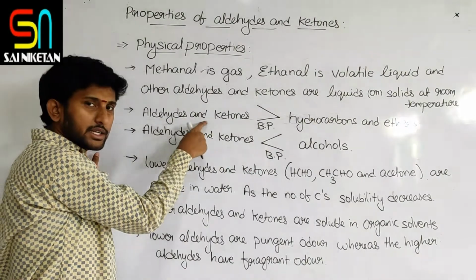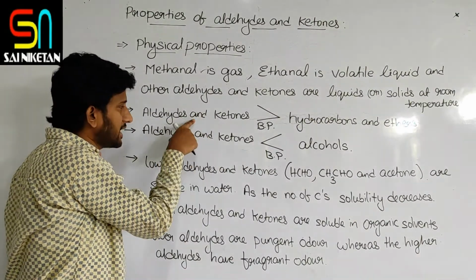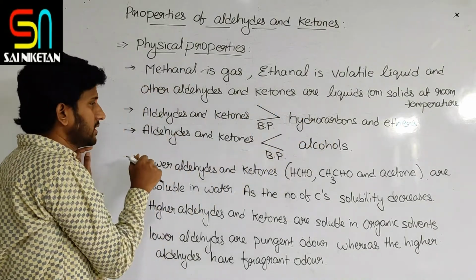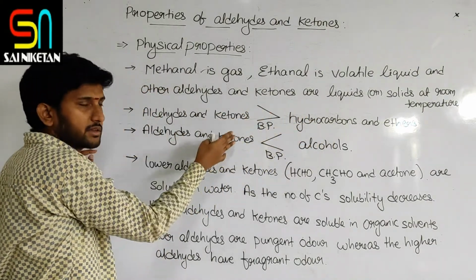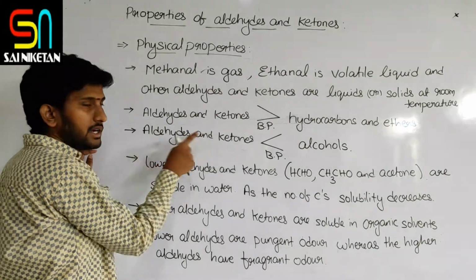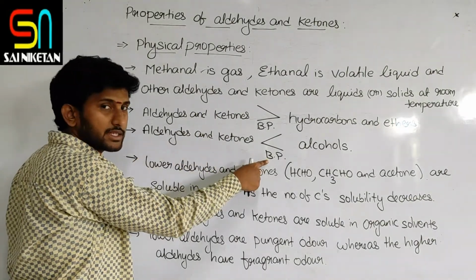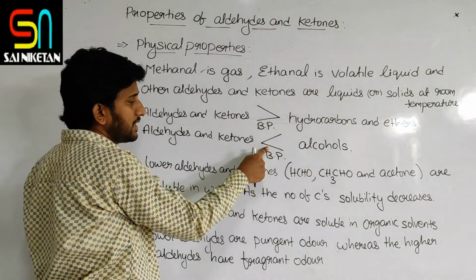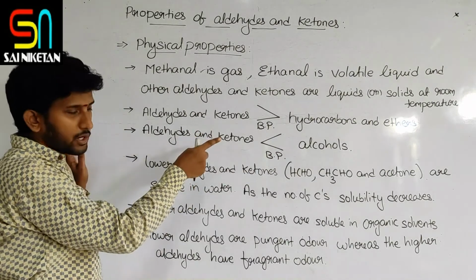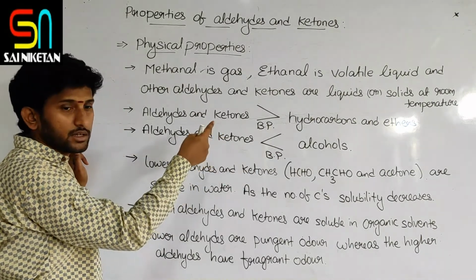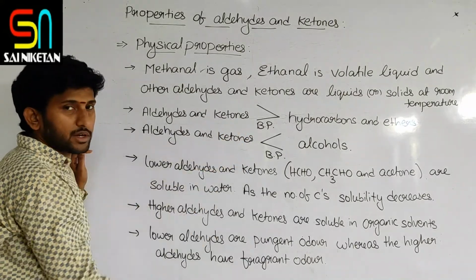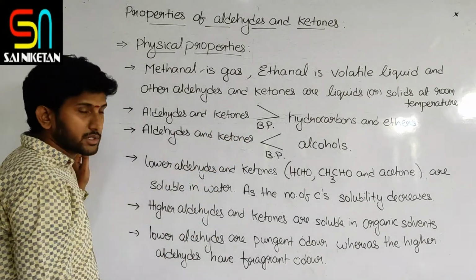Because aldehydes and ketones are more polar, more attraction is there compared to the ethers and hydrocarbons, means alkenes, anything with comparable molar mass. Similarly, aldehydes and ketones boiling point is lesser than that of the alcohols. Why are they lesser than alcohols? Because in alcohols, both are polar, there is no doubt, but in alcohols there is a greater number of hydrogen bonds.